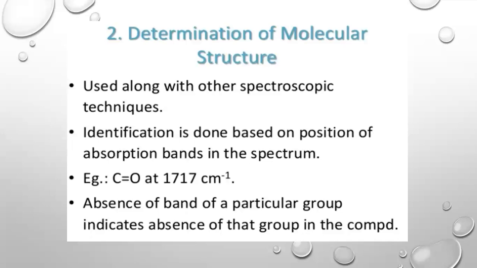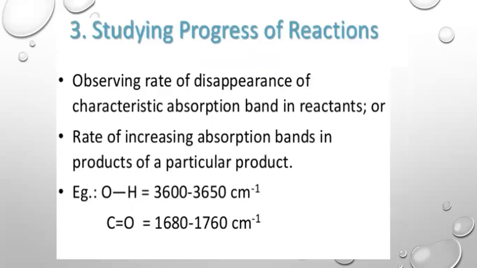If there is no peak between 1650 and 1800 cm⁻¹, then we are sure that there is no carbonyl group present in the molecule. This is known as negative interpretation. That means such a group is 100% absent in the molecule.